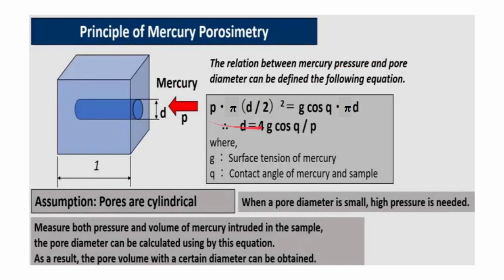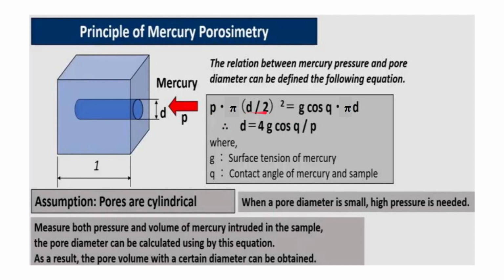Say we have applied a pressure p on the mercury, and this liquid has been inserted into a pore which has a diameter d. Based on the principle of equilibrium, the force given by the mercury is p times pi d squared by 4.